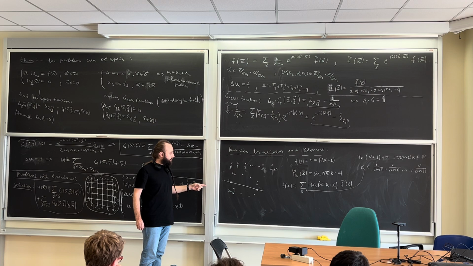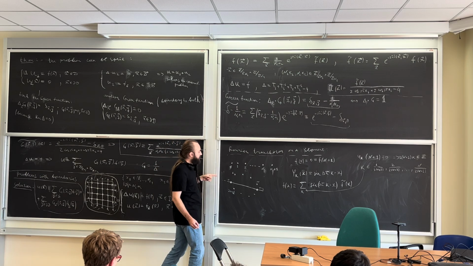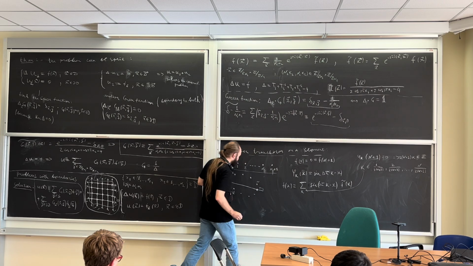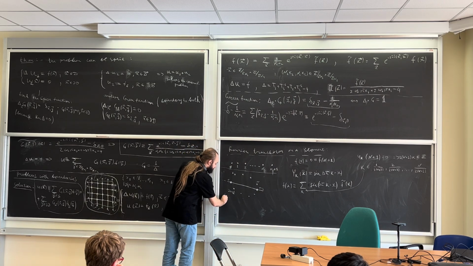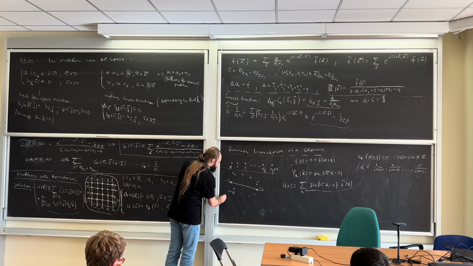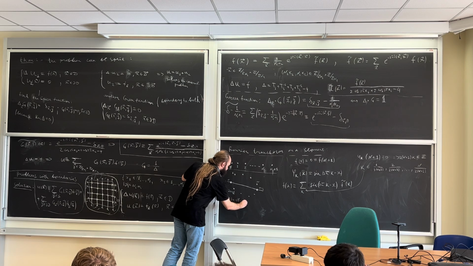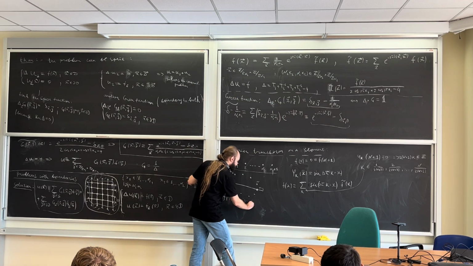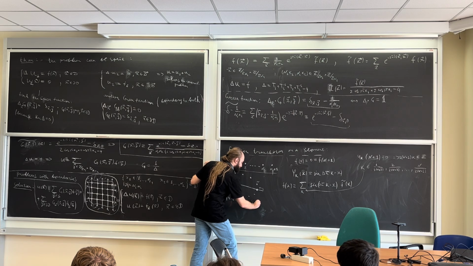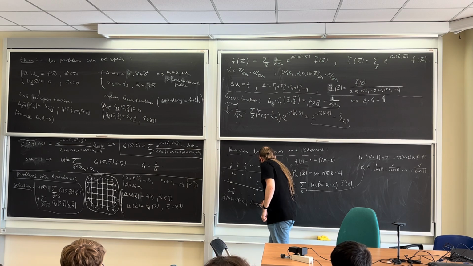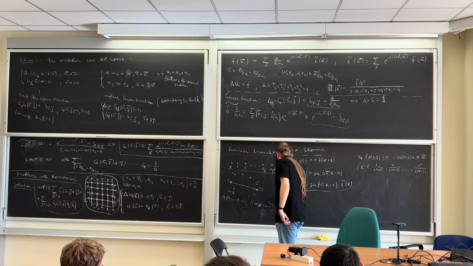So we have 2n plus 2 points in total. So we can say that functions with these boundary conditions are equivalent to functions such that f of x equals minus f of minus x, and f of x plus 2n plus 2 equals f of x.